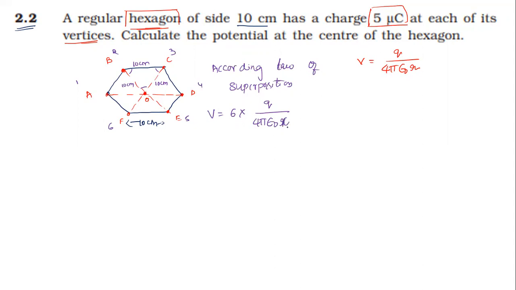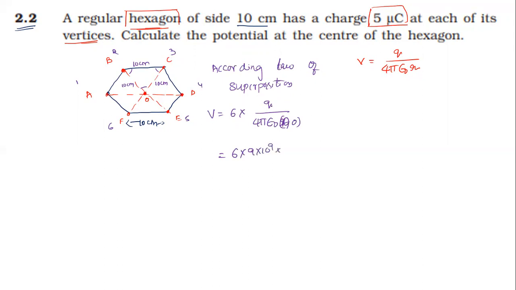Instead of R, I can say AO. It will be the same as BO, CO, DO, EO, and FO. So we're going to take 6 into 1 by 4 pi epsilon naught.